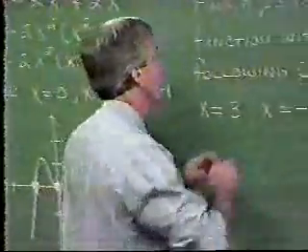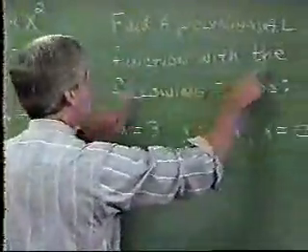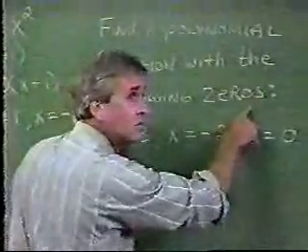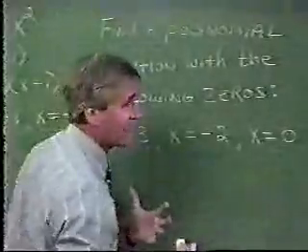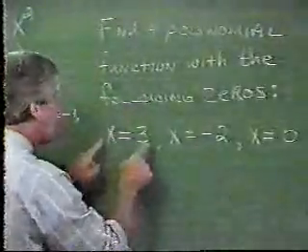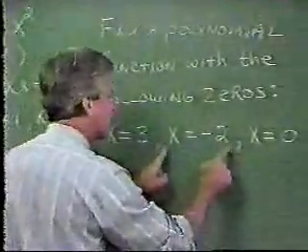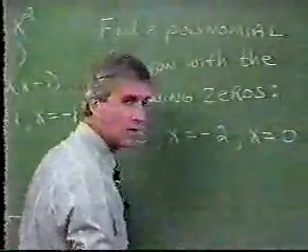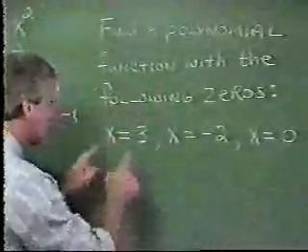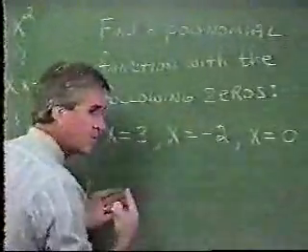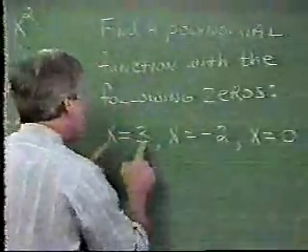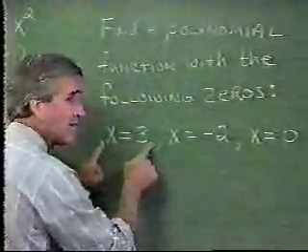Consider this situation. Suppose we want to find a polynomial function with the following zeros. Okay, we're building the function from some aspect of the graph. The zeros: x equals 3, x equals negative 2, and x equals 0. We understand from previously that if 3 is a 0, or if (3, 0) is an x-intercept, then x minus 3 will be a factor.